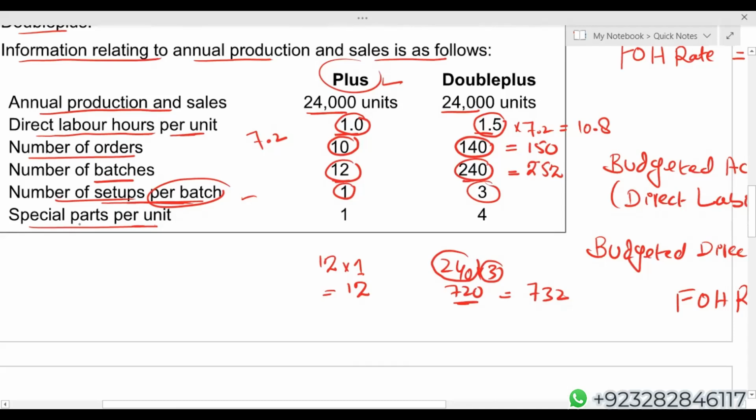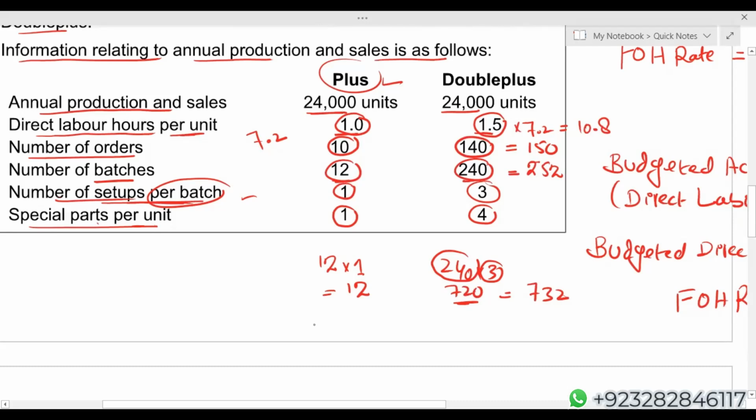Now, we have special parts per unit. For plus, we have only 1. For double plus, we have 4. For plus, special parts per unit is 1.